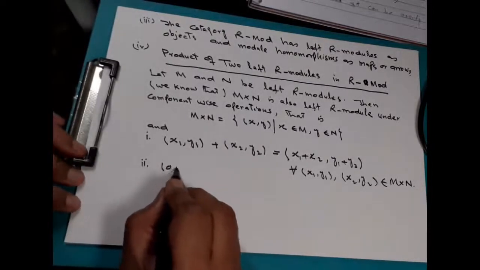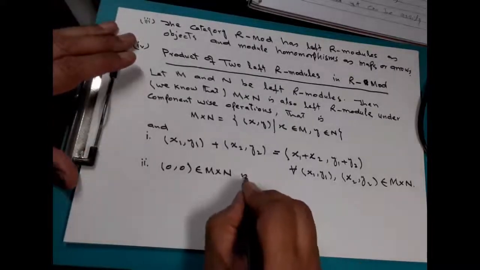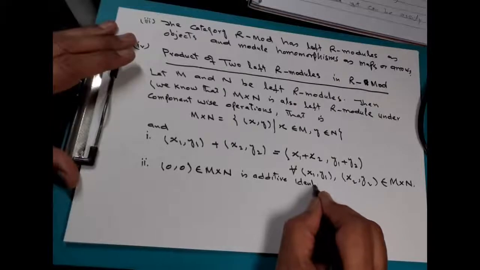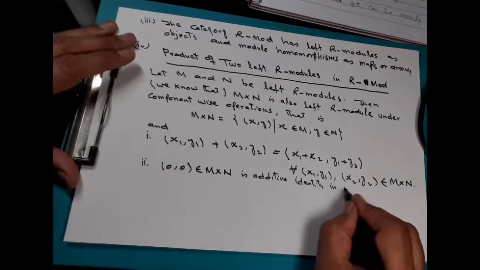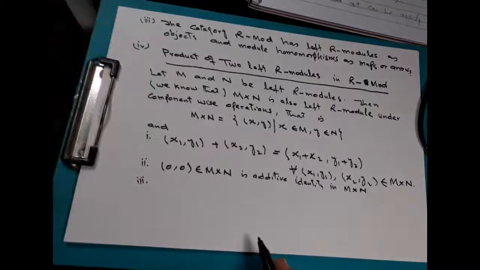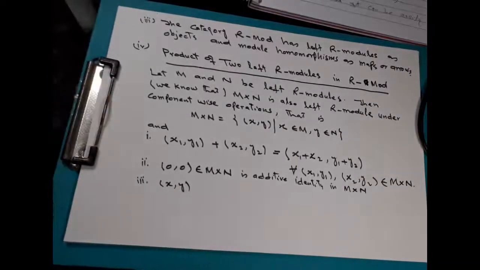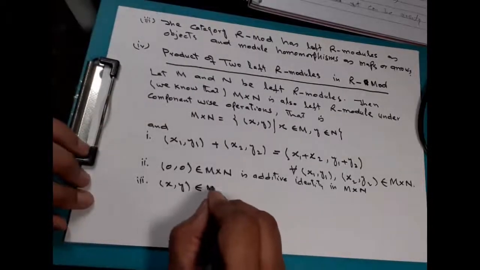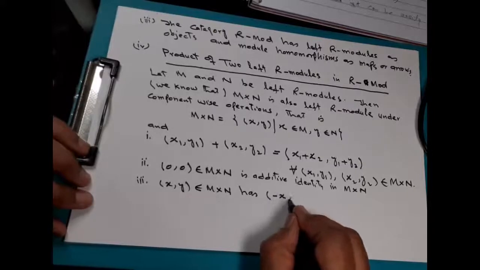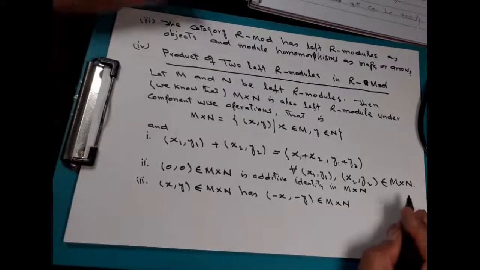This particular ordered pair (0, 0), which belongs to M cross N, is the additive identity. You can see it very easily. And then thirdly, if you take any ordered pair (x, y) belonging to M cross N, then this has (-x, -y), which again belongs to M cross N, as additive inverse.